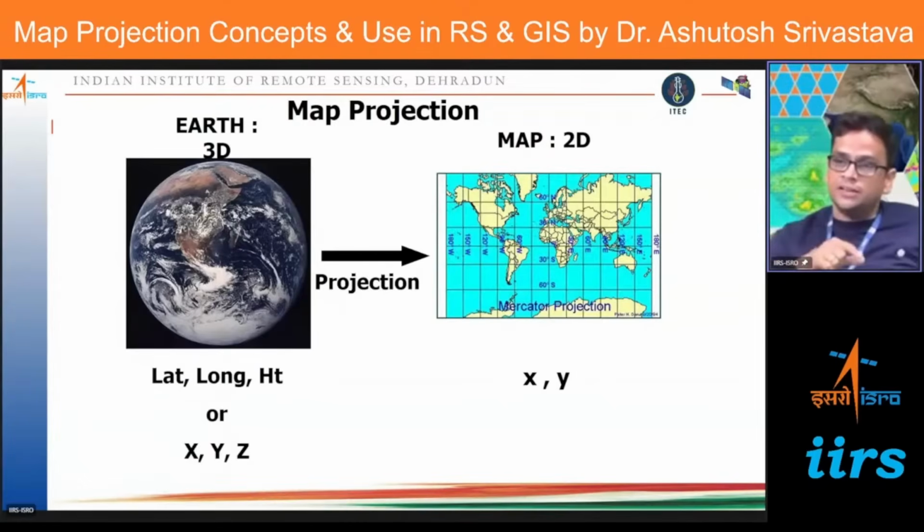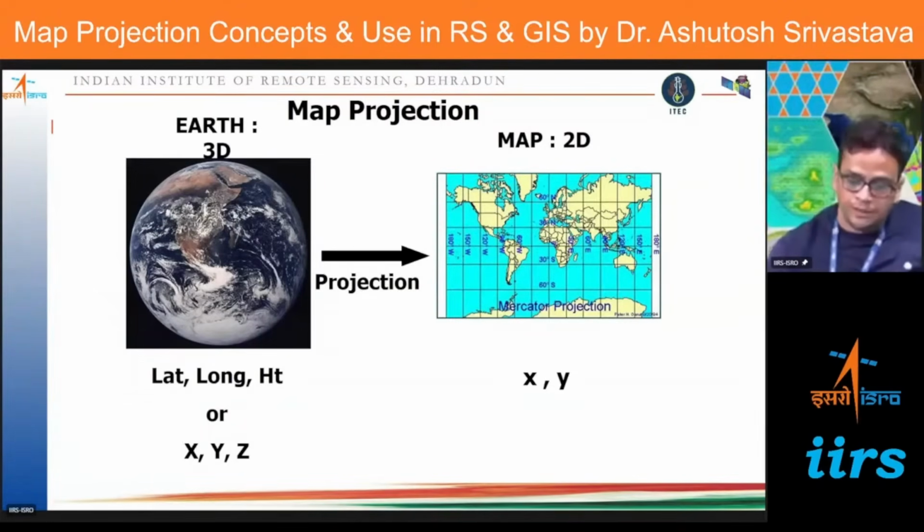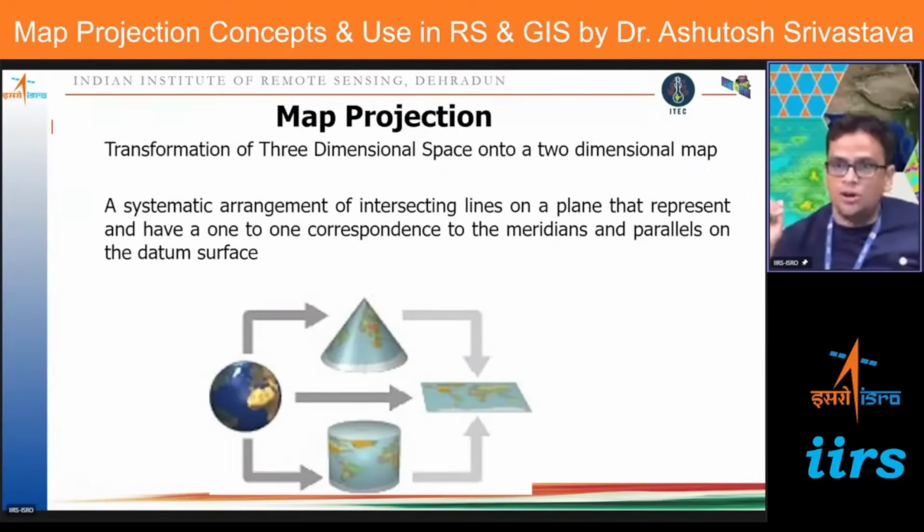So here in three dimensions, there will be three things: latitude, longitude, and altitude. But in two dimensions, we will have only the X and Y information. So the transformation of three-dimensional space onto a two-dimensional map is called the map projection.